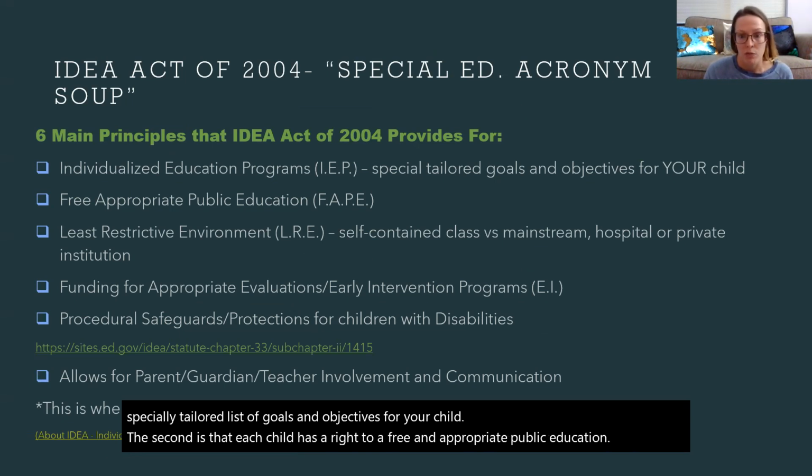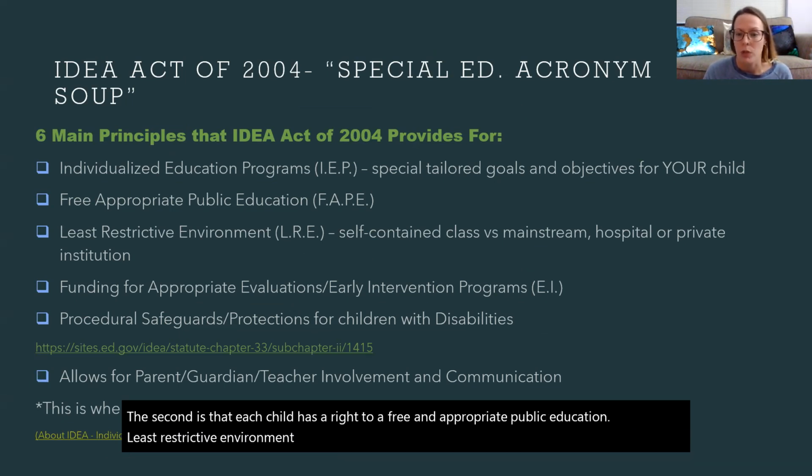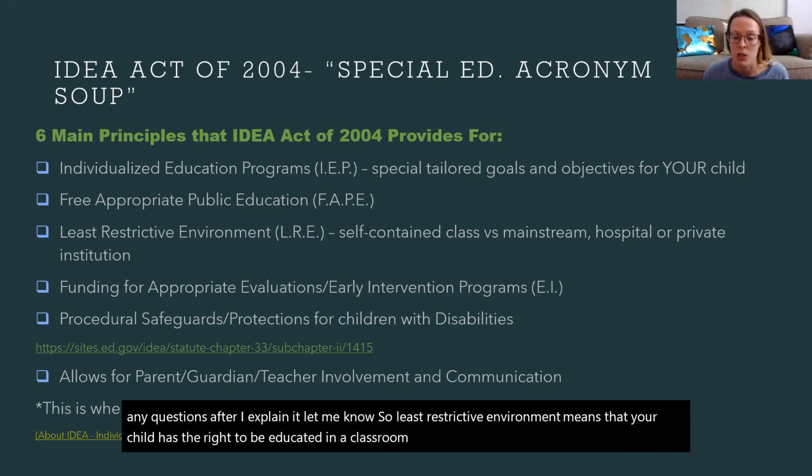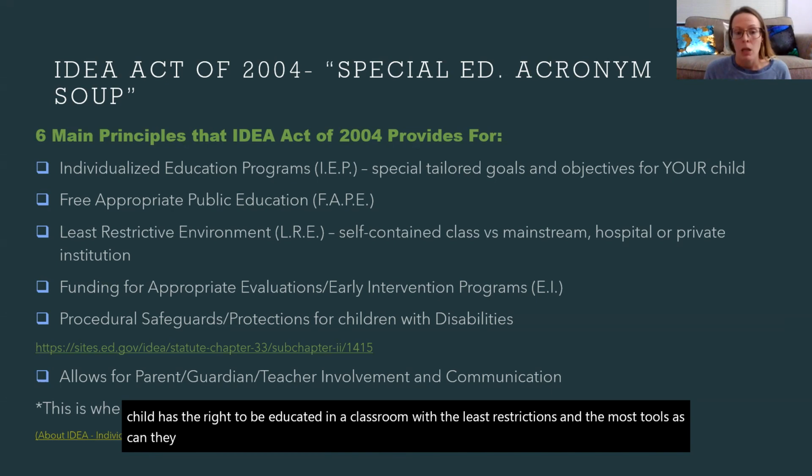Least restrictive environment. This can be a tricky term to understand sometimes. So if you have any questions after I explain it, let me know. So least restrictive environment means that your child has the right to be educated in a classroom with the least restrictions and the most tools as they can handle.